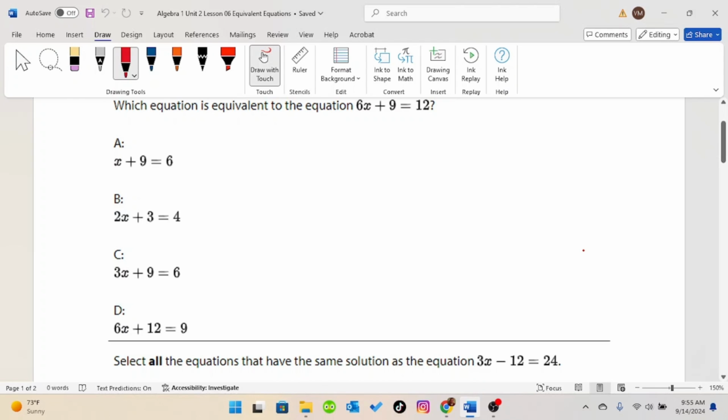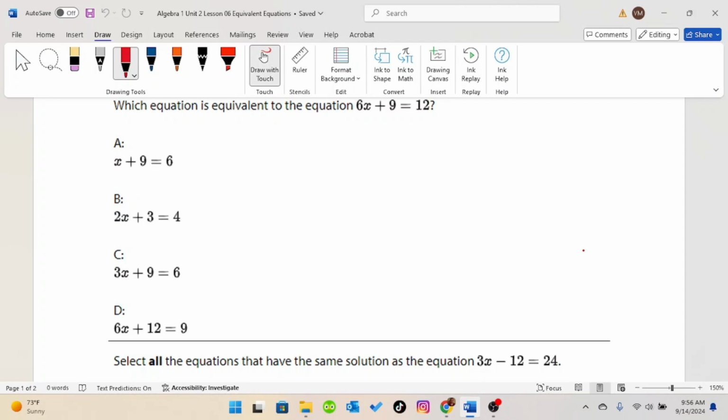As we begin the practice problems for Lesson 6, the first problem states which equation is equivalent to the equation 6x plus 9 equals 12.